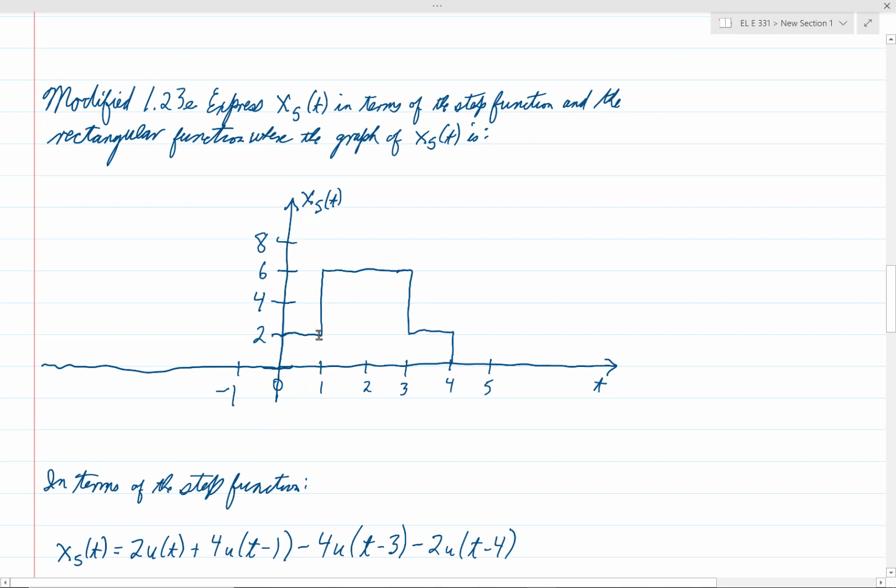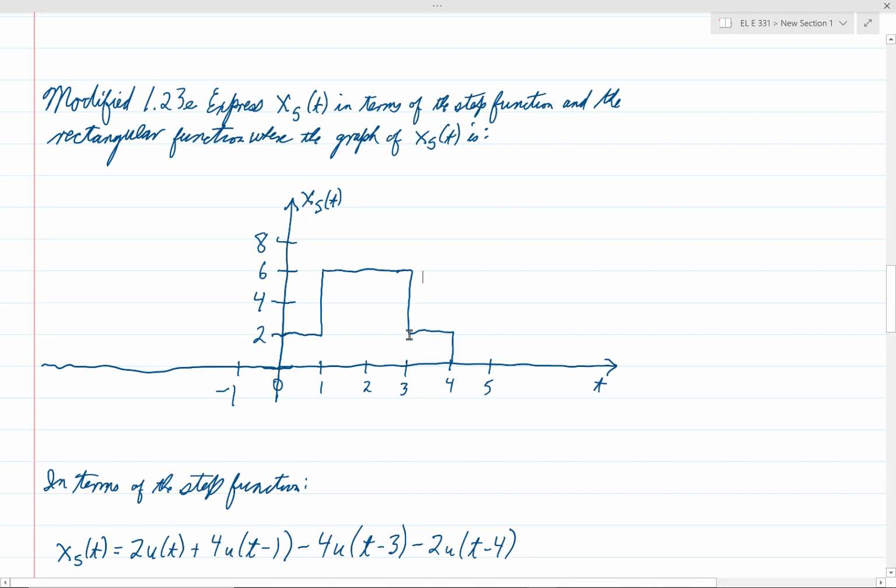Then at t equals 1, we jump up again, but it's still flat after that. So we've increased by 4, and so we can reproduce that in the equation by adding in 4u of t minus 1. The t minus 1 here is because this starts at 1. Now it continues that way until we get to t equals 3.